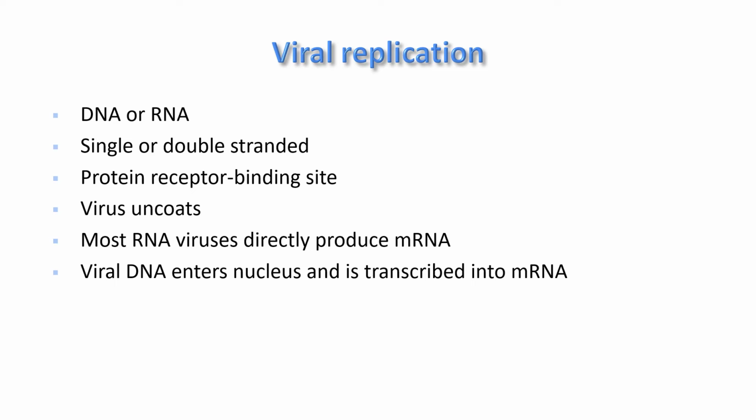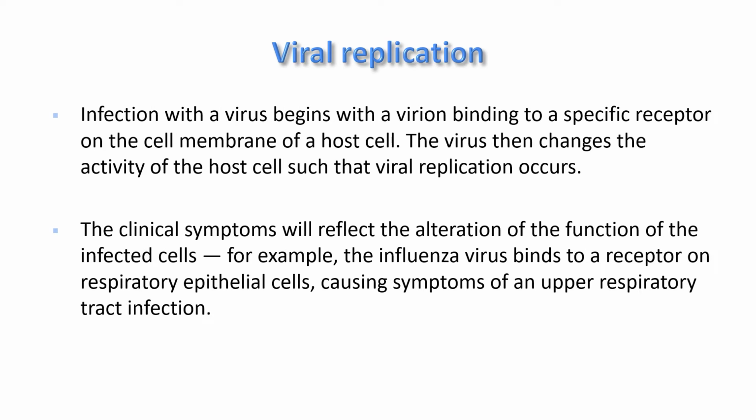When it goes inside the cell, it uncoats and it uses the machinery in our cells to replicate. The clinical symptoms will reflect the alteration of the function of the infected cell. For example, the influenza virus binds to a receptor on respiratory epithelial cells, causing symptoms of an upper respiratory infection.